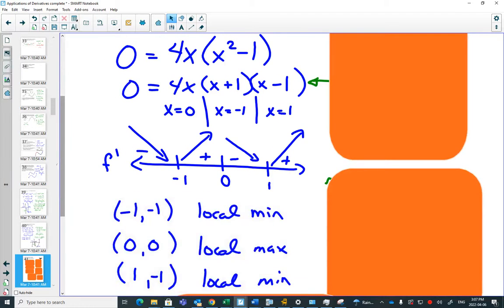Yes. And did you find your 3 points? So, save you some time plugging them in. It's not hard to plug them in. Numbers are pretty good. One's a min. I mean, two are mins. One's a max.